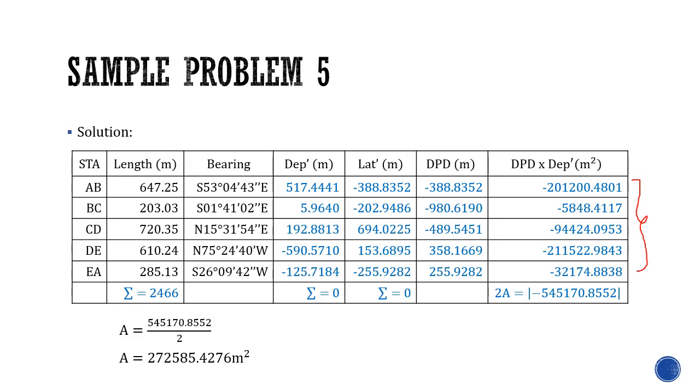Makuha mo, the value is negative 545,170.8552. I-divide mo ng 2 kasi double area yon. So, makukuha mo yung area, which is 272,585.4276, which is the same as the ones we got from the previous two methods.